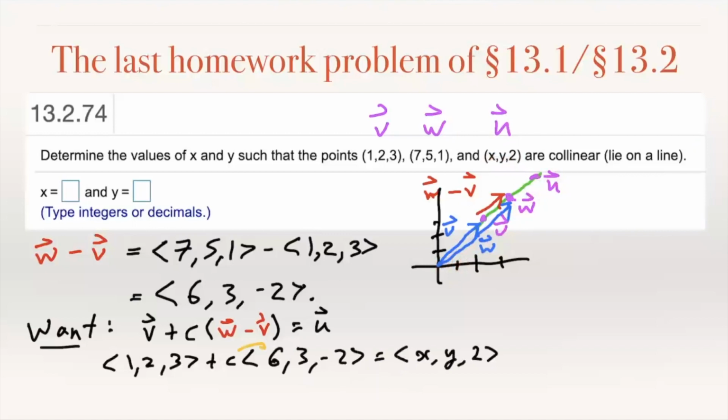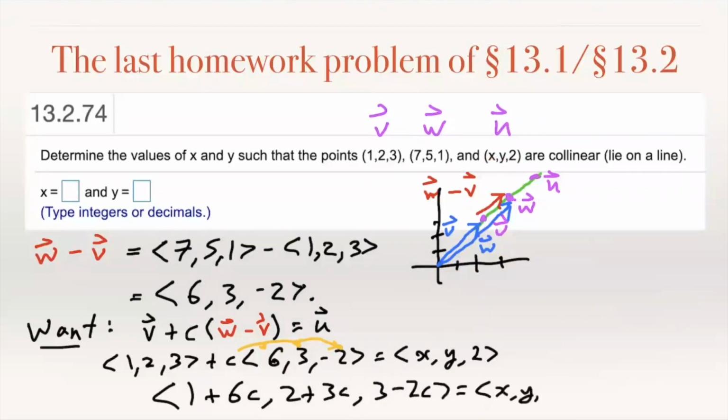So distributing that C and adding these together, we have the equality that (1 plus 6C, 2 plus 3C, 3 minus 2C) is equal to (x, y, 2).